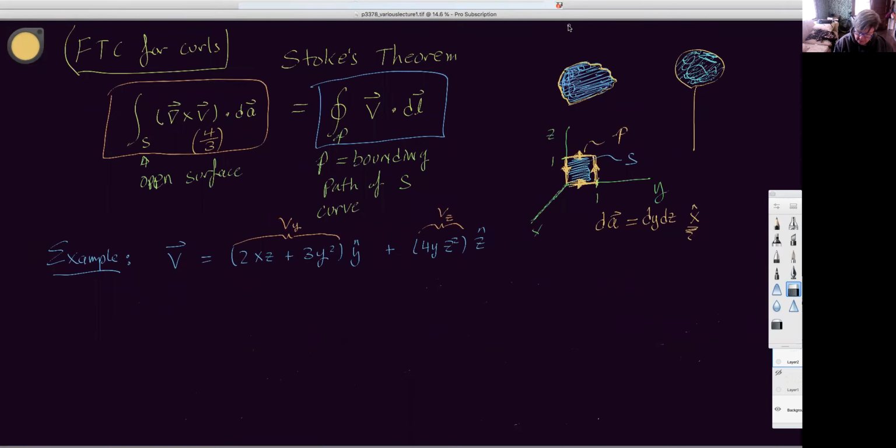Okay, finally. Now let's do the second one. We're going to do the integral over the closed path P of v dot dl. We have to pick which of these sides we're going to do first.